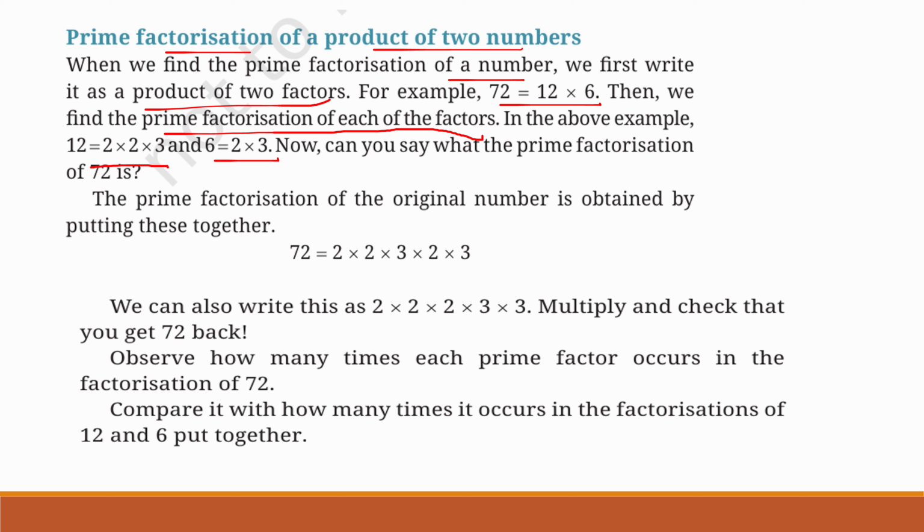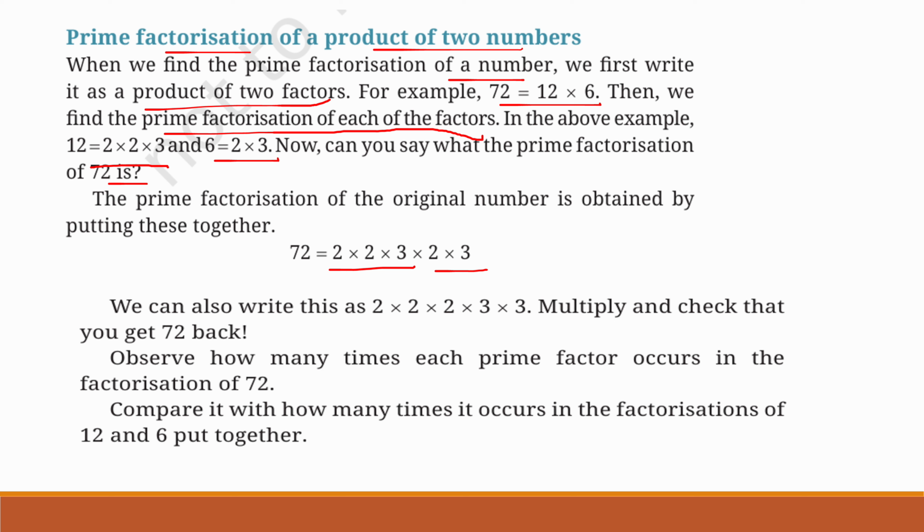Now, can you say what the prime factorization of 72 is? The prime factorization of the original number is obtained by putting these together. 72 is equal to, instead of 12, we can write 2 into 2 into 3. Then instead of 6, we can write 2 into 3. So 72 is equal to 2 into 2 into 3 into 2 into 3.